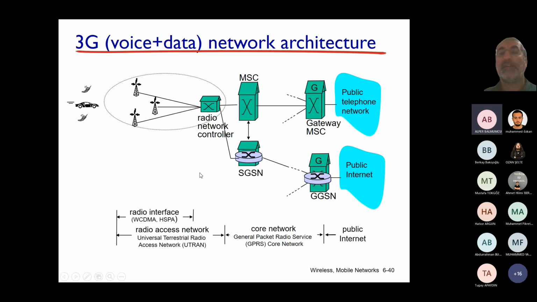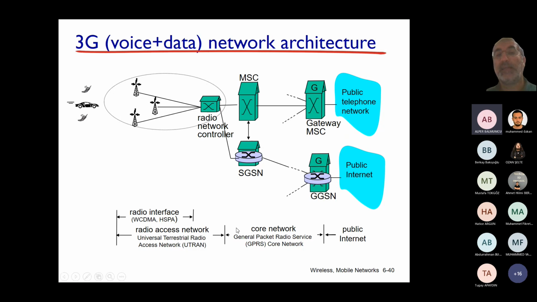There is some notation that we use. From the RNC to the mobile is called the radio interface, which has different technologies such as WCDMA and HSPA. From here to here is called the radio access network, UTRAN.